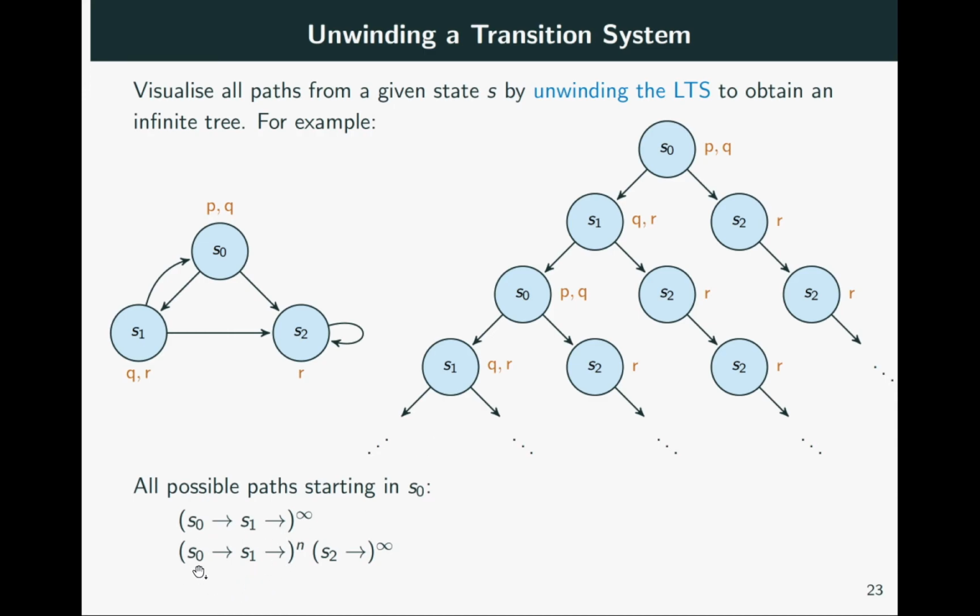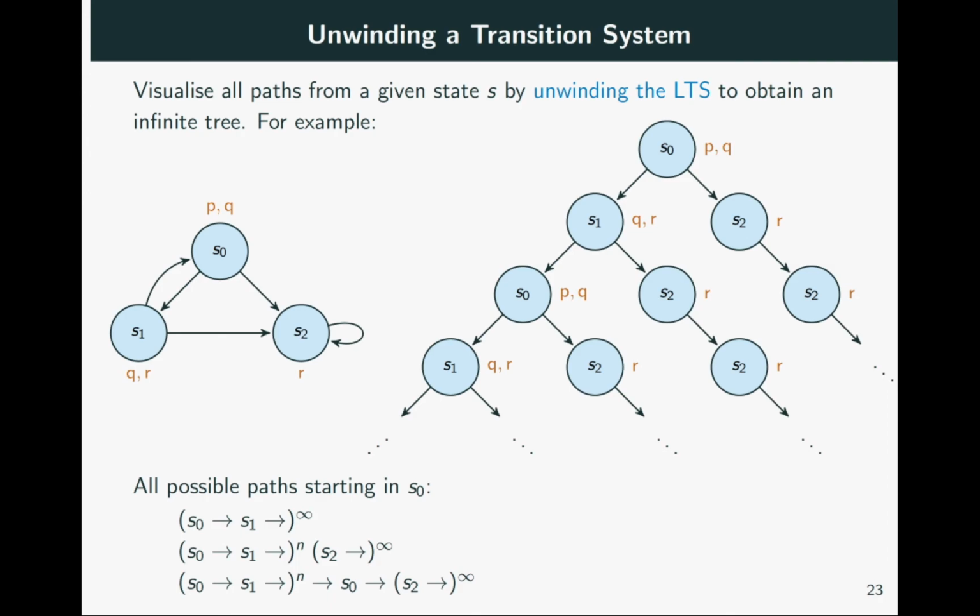We have S0, S1 n times, and then S2 infinitely. Or if we veer right when we are in S0, either here or here, we get into this situation: S0, S1 repeated a finite number of times, followed by S0, followed by the S2 loop. And these cover all the possibilities.